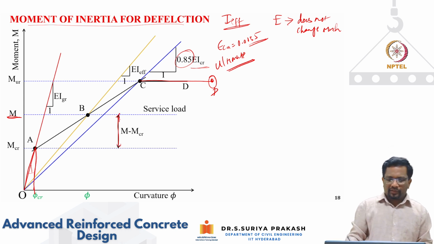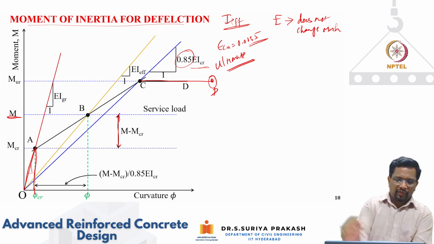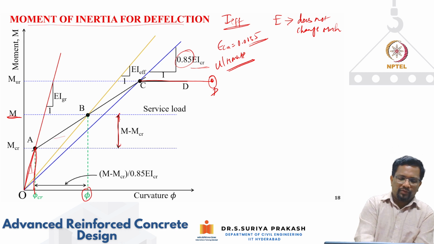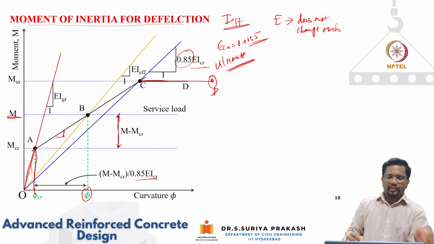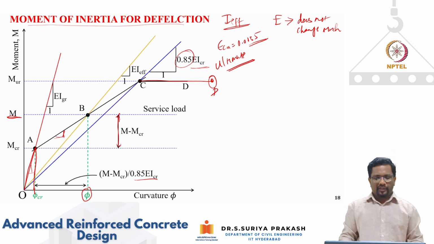So what would be this slope? We are interested in calculating this increase in curvature. I have to use this slope, where the difference in moment is M minus Mcr, and I am using 0.85 EI cracked. So that is the additional curvature that I'm getting.